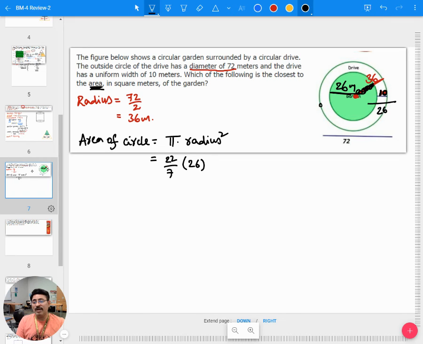Therefore, 26 times 26 or 26 square. Let me multiply that: 22 divided by 7 multiplied by 26 square. That gives me 2124. So it is 2124 square meters. That's the area of the garden. Okay.